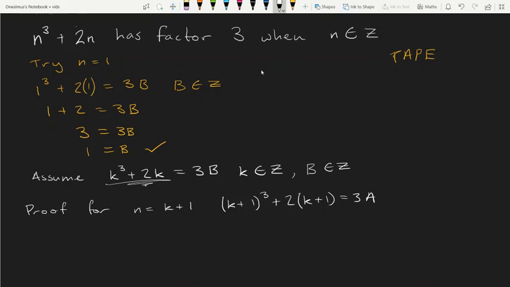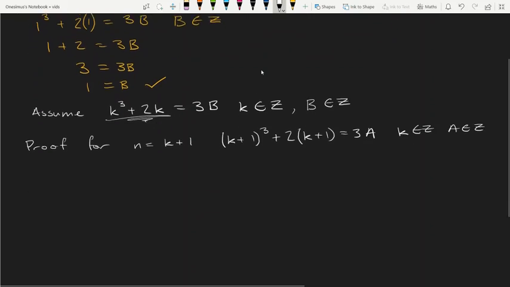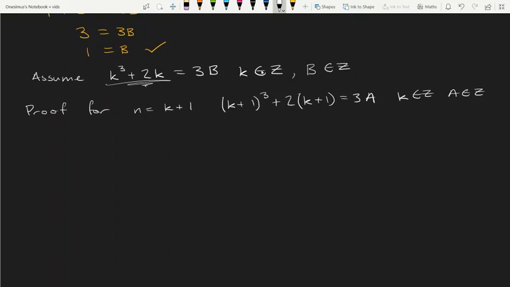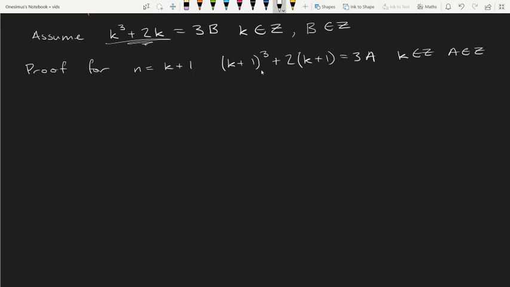And again, k is in the set of the integers and A is in the set of the integers. That out of the way, we can start cracking into the proof step of this. Remember to leave the assumption visible so you know what we're trying to tackle here. So bring this down, we're just going to work on this left hand side here.